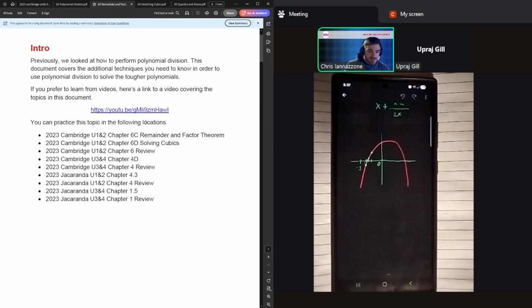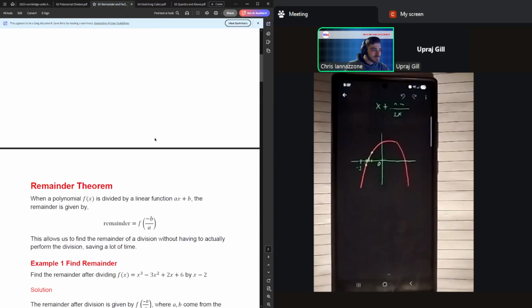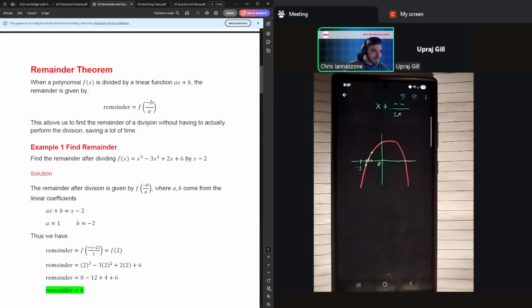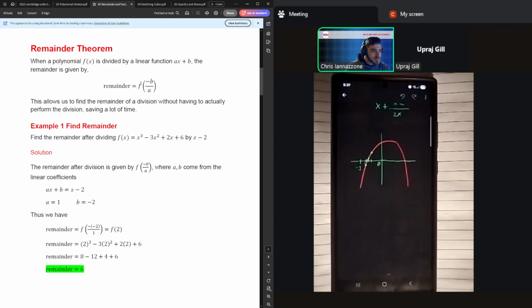As far as how you even get the factor to begin with, that's your remainder and factor theorem. They mean the exact same thing. Factor theorem just means the remainder is 0, as we explored earlier. So to do remainder theorem or factor theorem, it's always f of x, so the polynomial that you're trying to divide, f of negative b over a, where the b and the a come from the linear that you're either testing to see if it is a factor, or already know that this is the thing you want to test ahead of time.